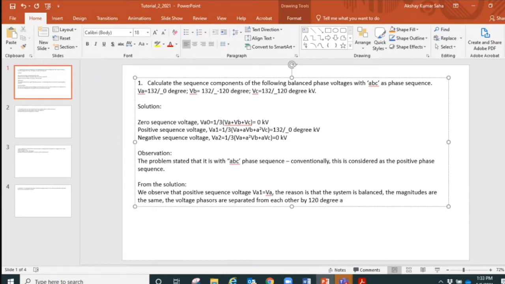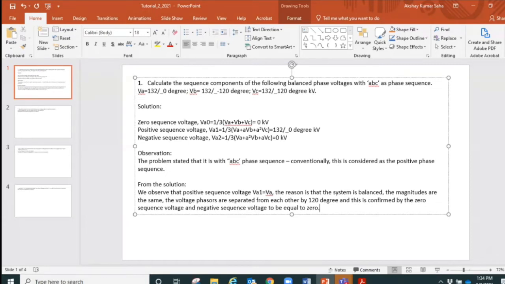So they are separate, and this is confirmed by the zero sequence voltage and negative sequence voltage being equal to 0. So when we have a balanced system, we will get only one sequence component, and we got that. The other two are absent.